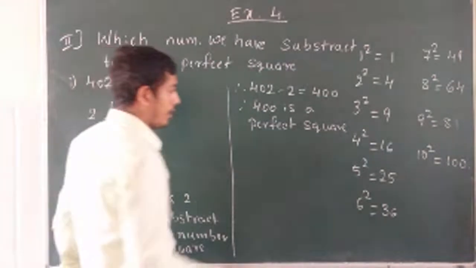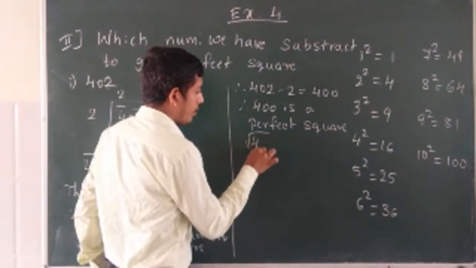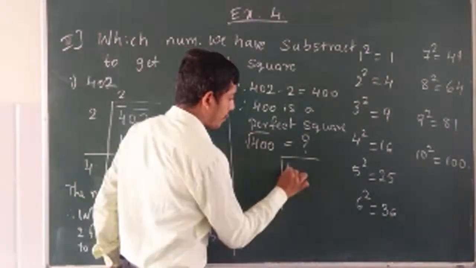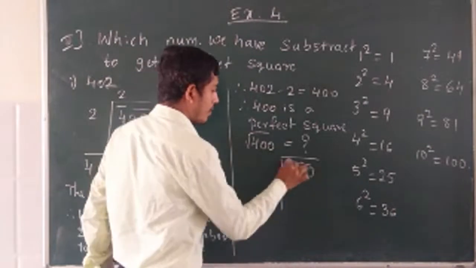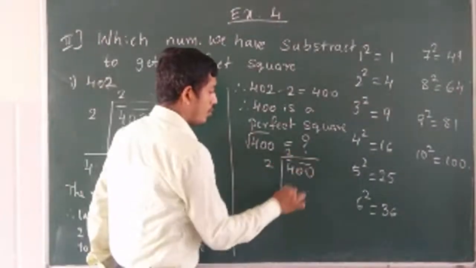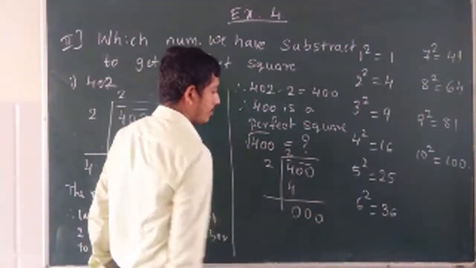So we will calculate. What we have to find out? Square root of 400. From the right hand side, pair 400: 2 2s are 4, 0, then 0.